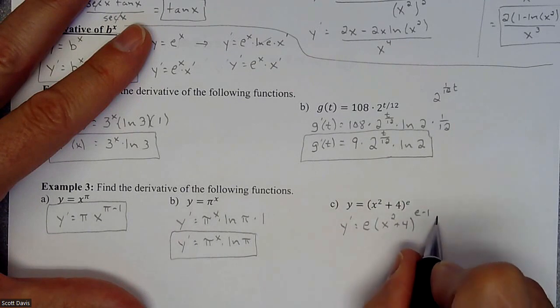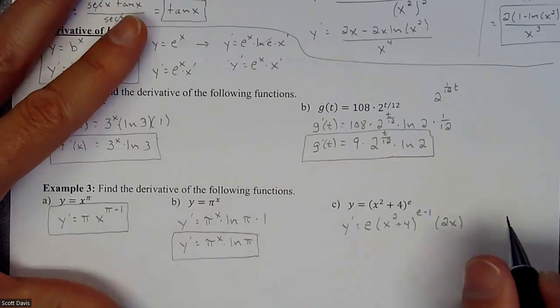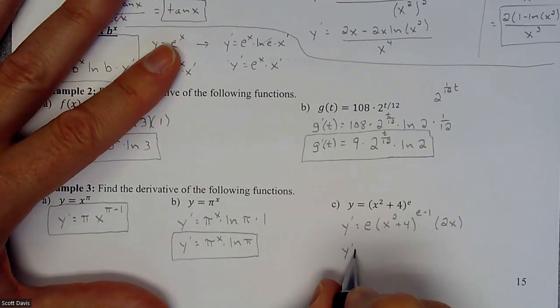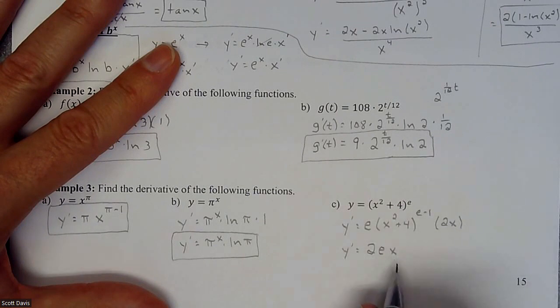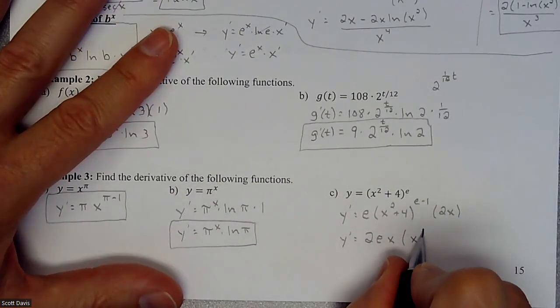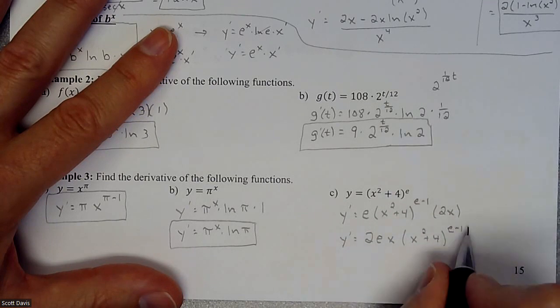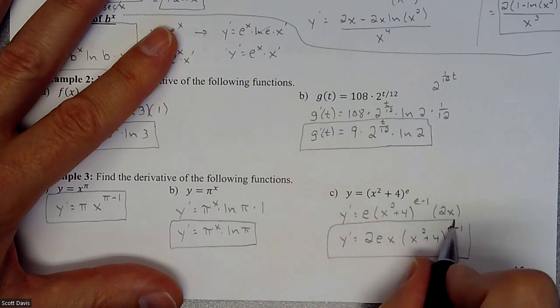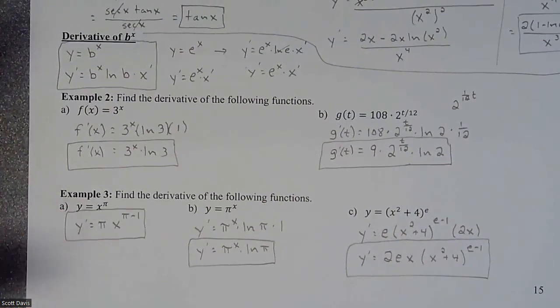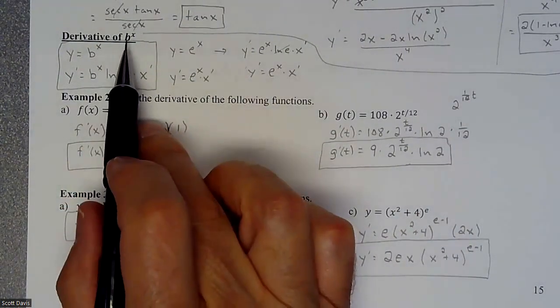That's the derivative of the outside times the derivative of the inside, which is 2x. I'll put it together: 2e x, because e is not an unknown, x is my unknown, so I leave it at the end, times x squared plus 4 raised to the e minus 1. All right, so that was doing derivatives of exponentials, especially when they have something other than a base of e.